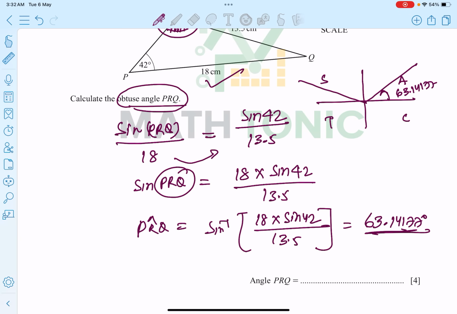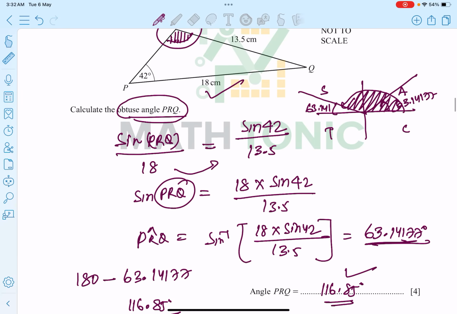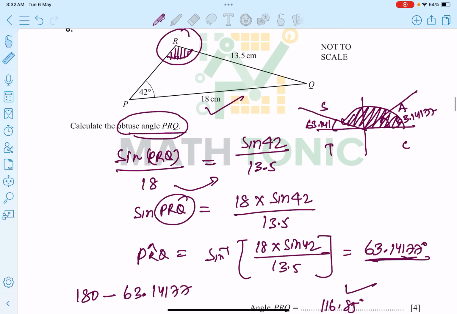If I try to draw this, this also will be 63.14177, right? So the second angle should be this one. To find the obtuse angle, you have to subtract from 180. So this answer should be 180 minus 63.14177, and this answer should be 116.85 degrees. Yes, 116.85 degrees will be the obtuse angle for this one. Did you understand, everyone?